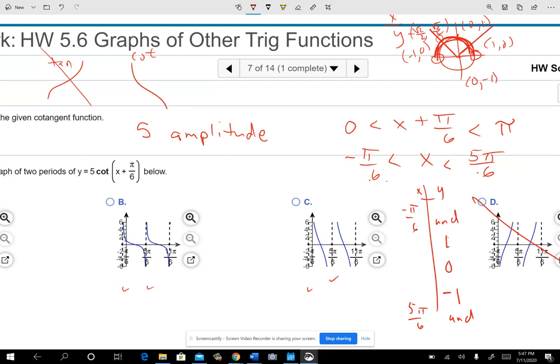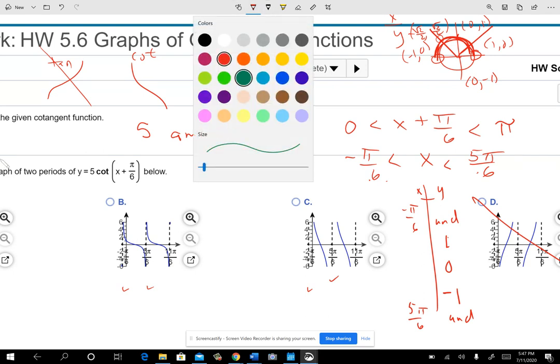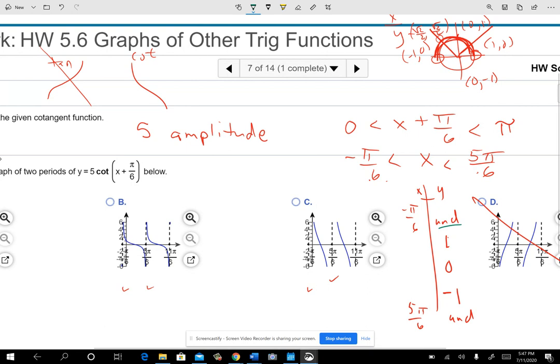But now this had an amplitude of 5, which means this stays undefined, this becomes 5, this stays 0, this becomes negative 5, and that stays undefined. Okay, so what should happen is when I go and I look at the halfway point, that should be 0, which it is on both of them, so that doesn't help me.